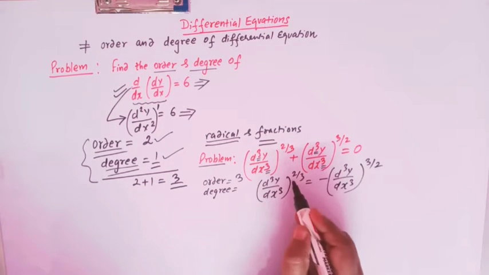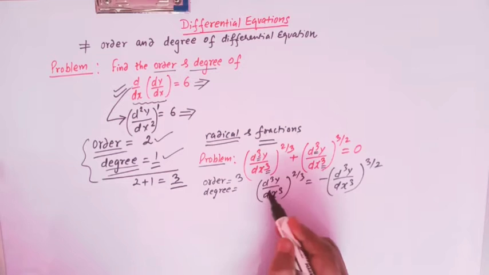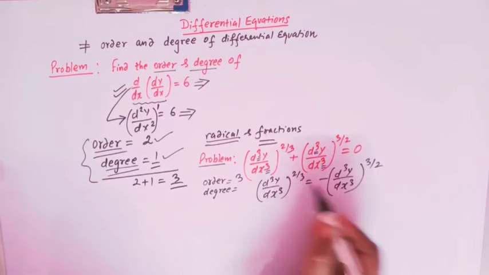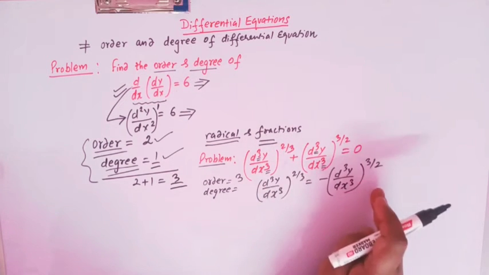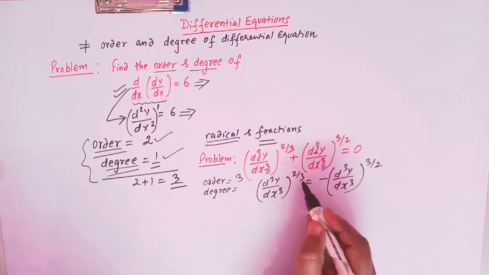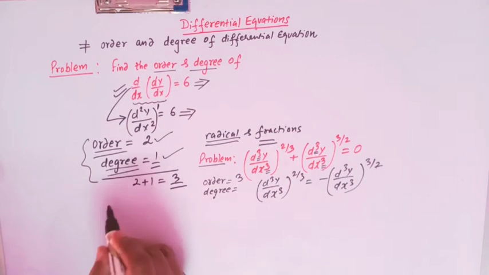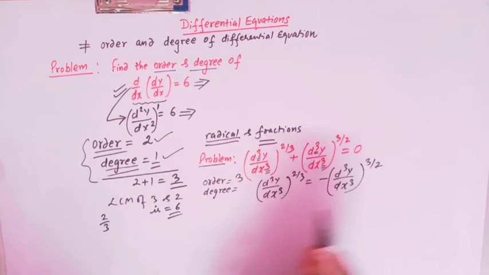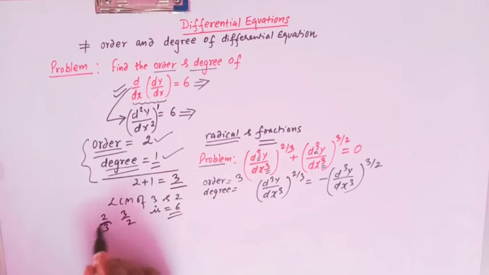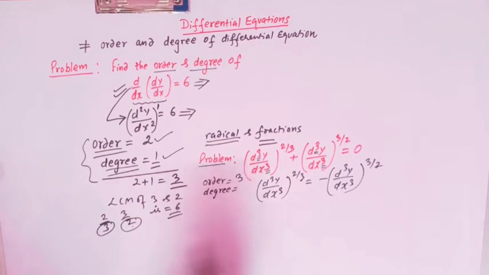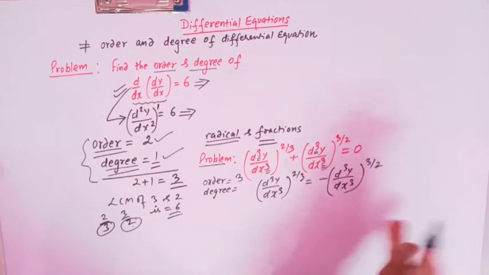Now in order to make this differential equation free of these fractions or radical signs, we have to take the sixth power of both sides, and this sixth power comes from the LCM of 3 and 2. The LCM of 3 and 2 is 6, right? Because here we have 2 over 3 and here we have 3 over 2, so the denominators are 3 and 2 and the LCM is 6. So we can take the sixth power of both sides.